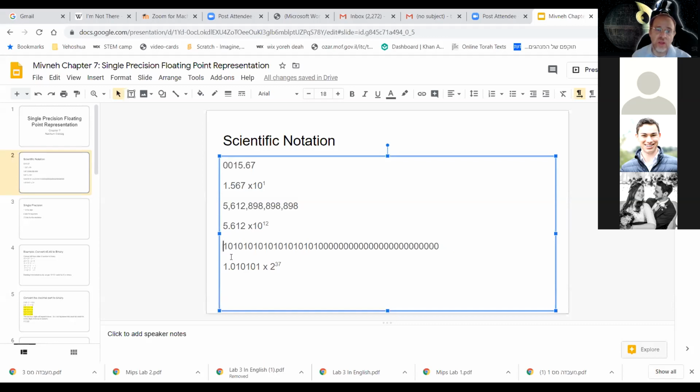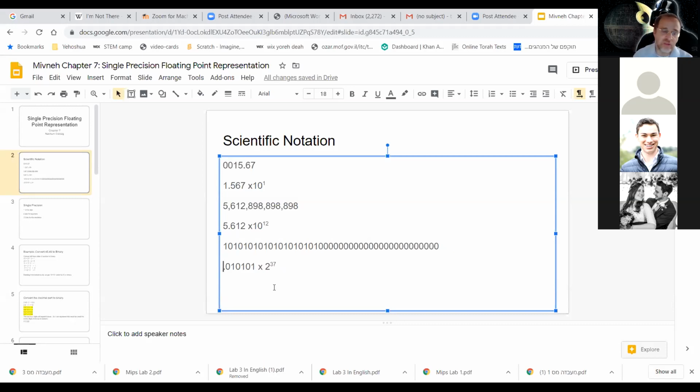We ignore those, start with the 1, and then count how many numbers are after the point, and that's our power of 2. We're actually going to see that we'll always stop at the first 1. So theoretically, we could get rid of this 1.